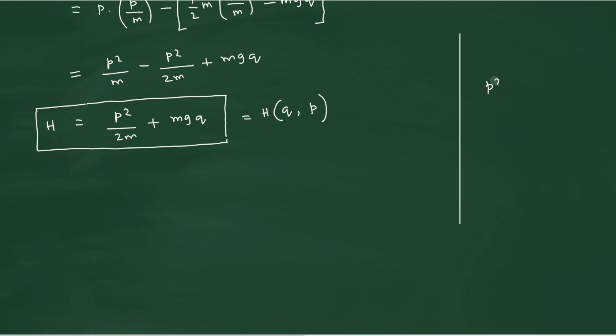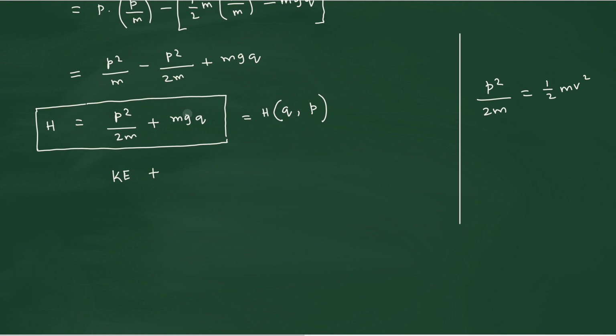One thing that is clear is that p squared by 2m is nothing but half m v squared, at least for simple problems. So if you identify that p squared divided by 2m is the kinetic energy term, equivalent to half m v squared, then we recognize that the first term is actually half m x dot squared, appearing in a different style, but now there is a plus here.